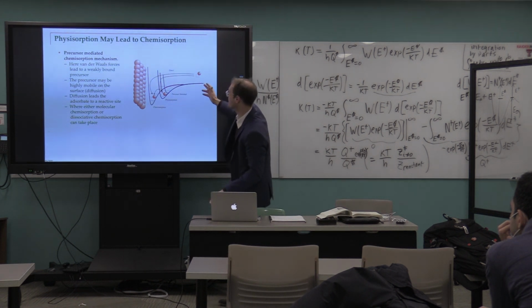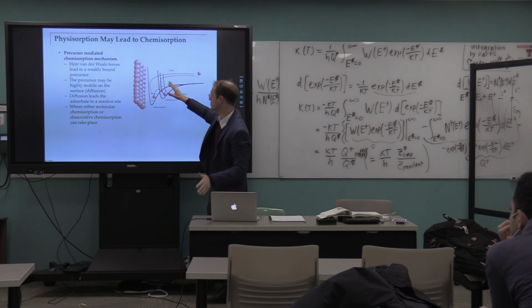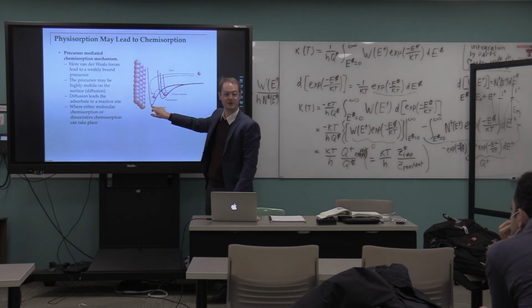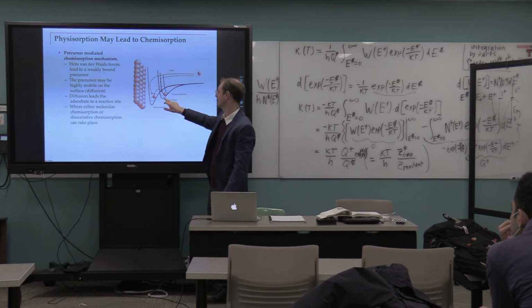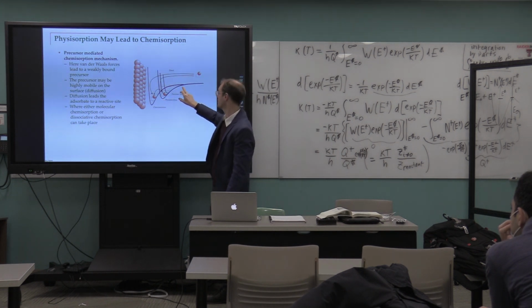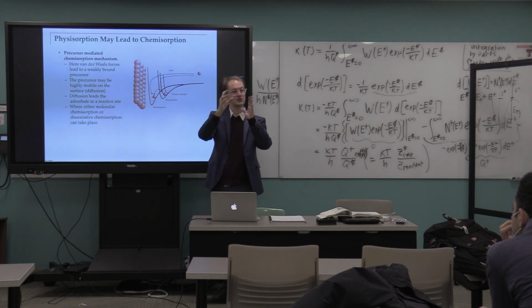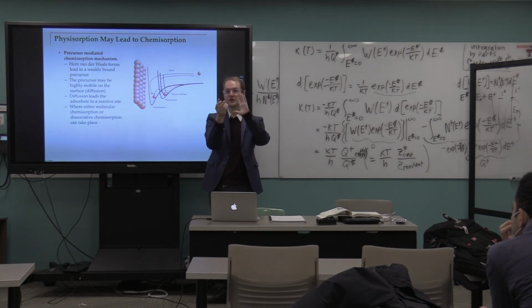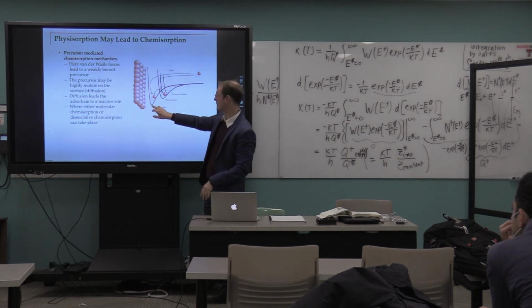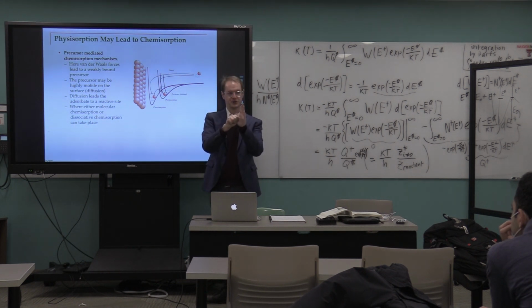and so there's another concept that sometimes you have a more complicated energetic situation where there could be one potential well corresponding to what's called a chemisorption and another shallower potential well corresponding to what's called a physisorption. And typically physisorption arises from dispersion interactions between the molecule and the surface, so weak non-covalent interactions, and a chemisorption corresponds to a stronger chemical bond of the molecule to the surface.